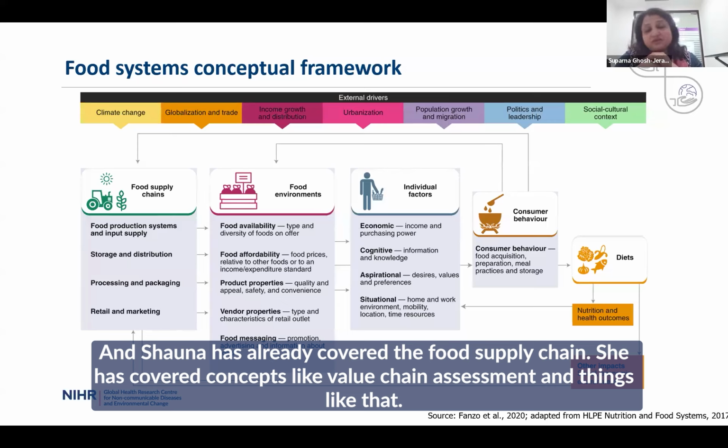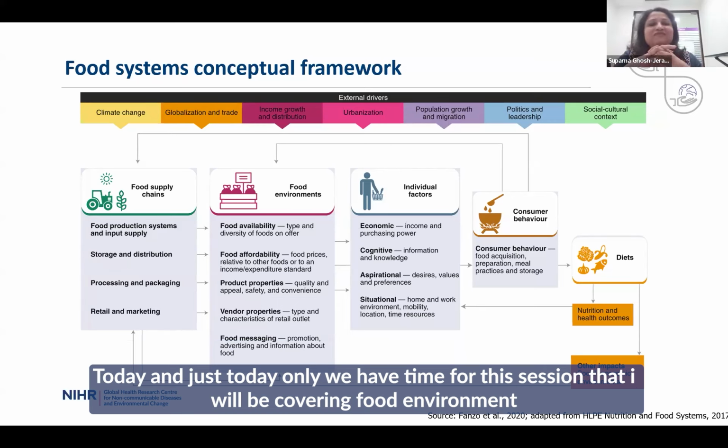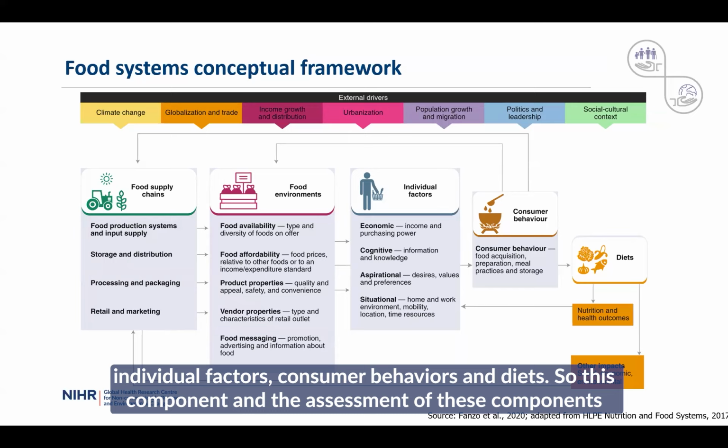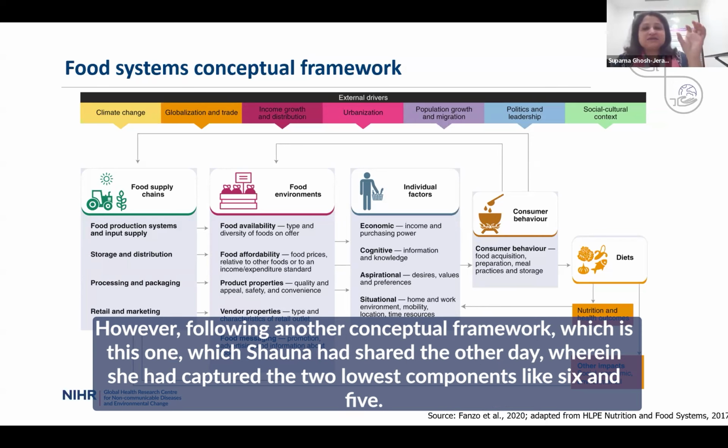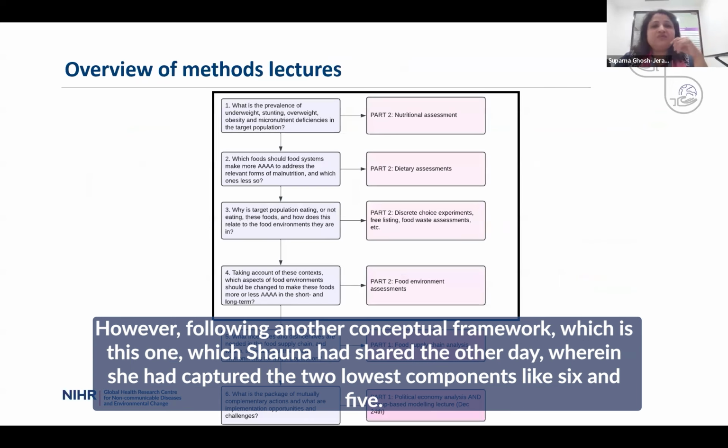Today, and just today only, we have time for this session that I will be covering food environment, individual factors, consumer behaviors, and diets. So, the assessment of these components follows another conceptual framework, which is this one, which Shauna had shared the other day, wherein she had captured the two lowest components, like 6 and 5, from the bottom up.